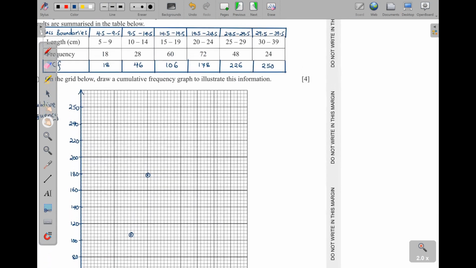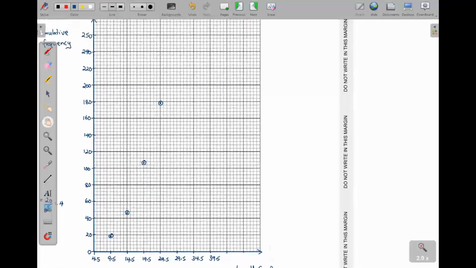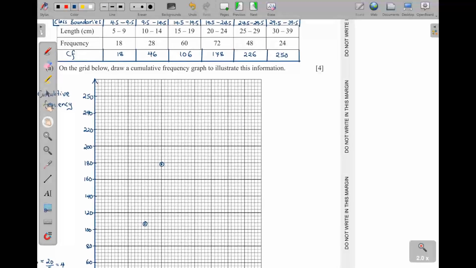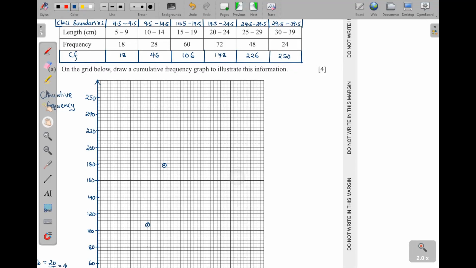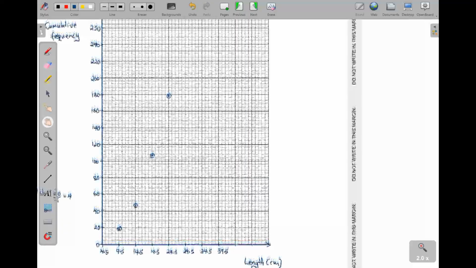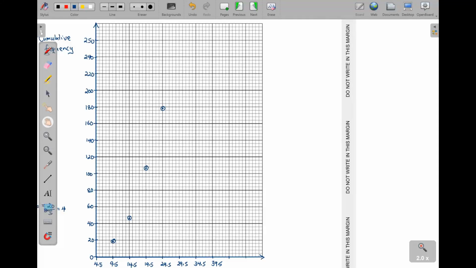And then the next one is 29.5 against 226. 220 is here.